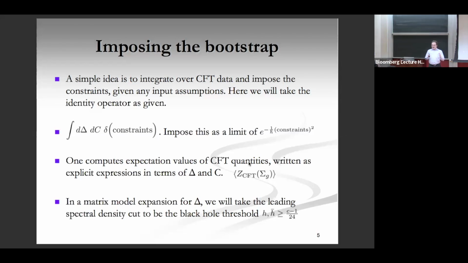Then you write that as an expression in a particular channel decomposition, in terms of delta and C, and then you can evaluate that expression in this integral. That will be like the ensemble average of the CFT partition function, if there was an ensemble. So that's the kind of thing one wants to compute. The overall normalization cancels out, but of course there could be relative normalizations, I won't say anything. So that's what you would like to compute.